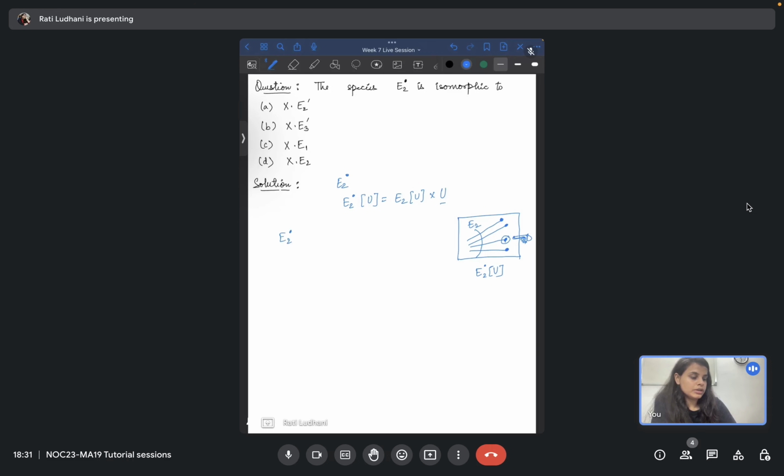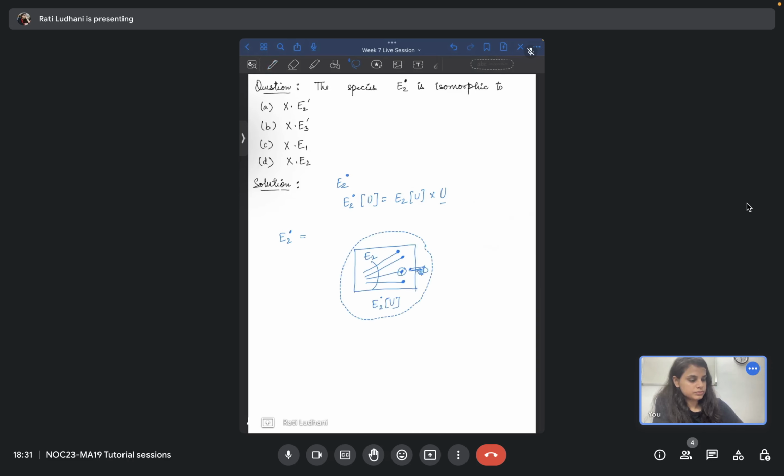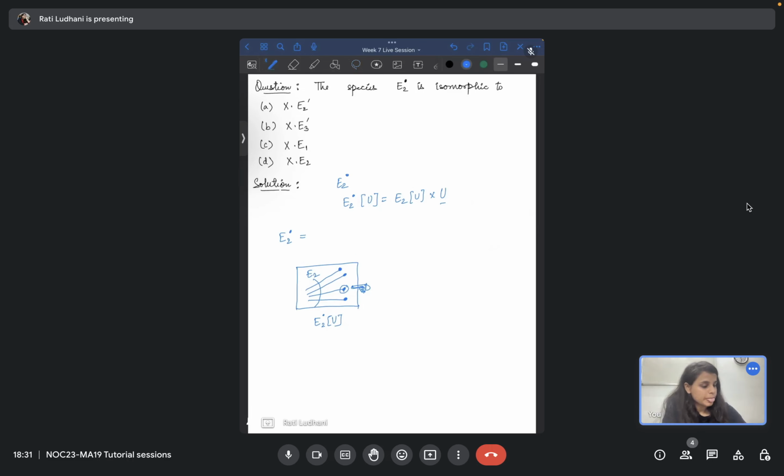Do you know any relation between these, can you write something? There's one relation given in the class notes. X times E2 dashed, E2 dash. So if you want to get F dot, then you will do F dash.